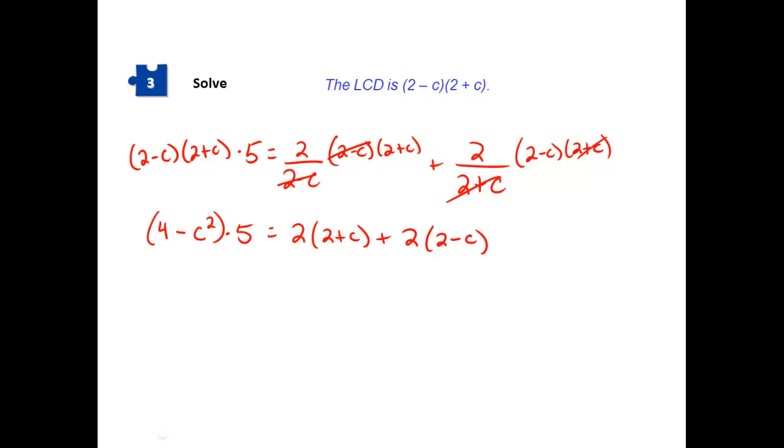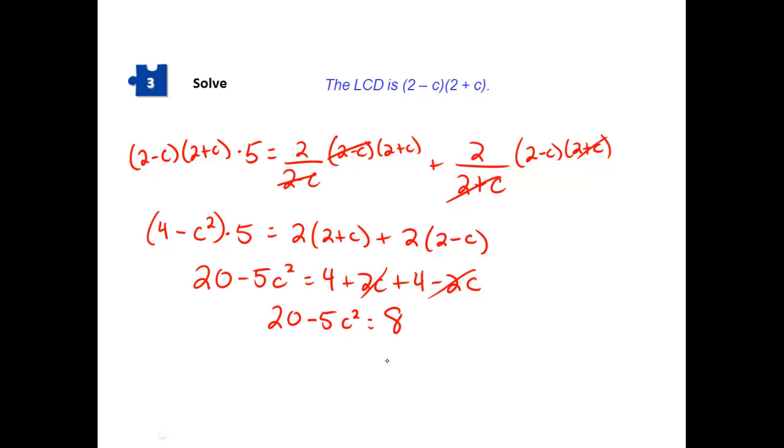These numbers are a lot better to manage. So let's distribute the 5. 20 minus 5c squared equals 4 plus 2c plus 4 minus 2c. And let's simplify. Our 2c's can cross out. 4 plus 4 gives us 8.